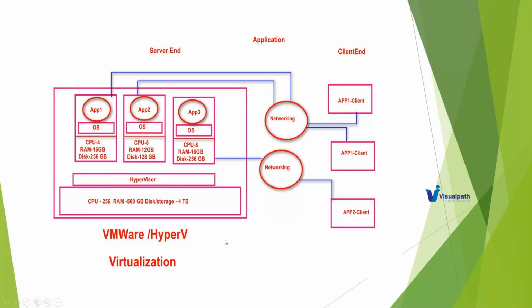The hypervisor box has only CPU and RAM, and the entire storage solution is separated from this box, so that if this box goes down, at least my storage will remain the same. My data is not going anywhere.